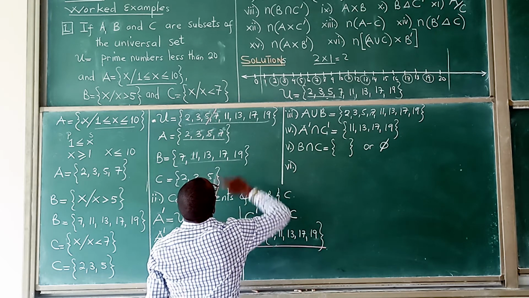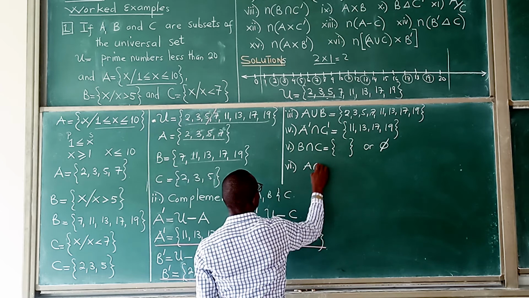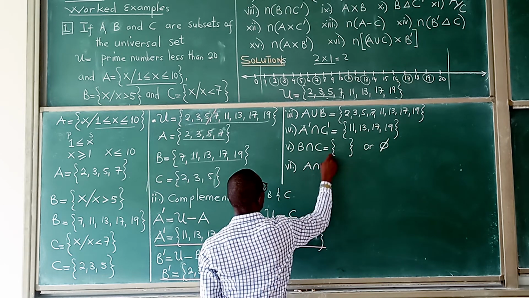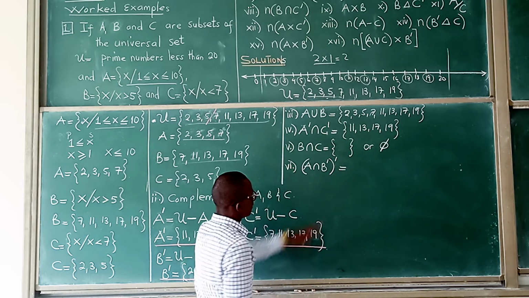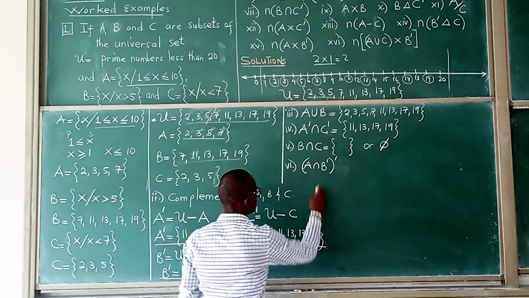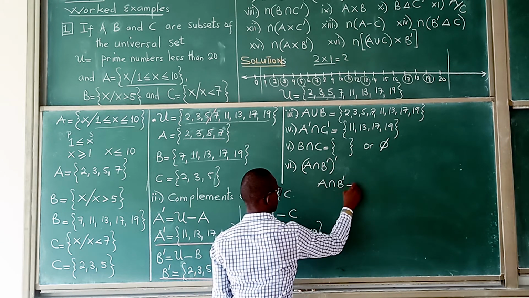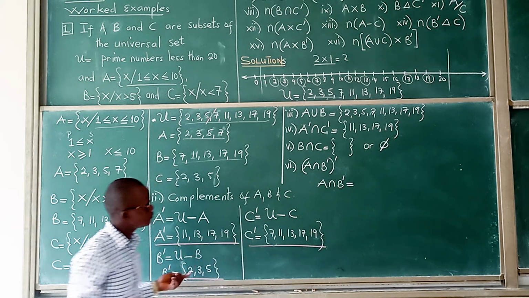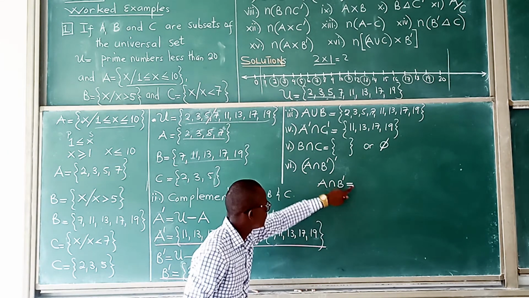6. We have A intersect B prime, or prime. So it's simple. The first thing we need to do is to find A intersect B prime. Then from there we'll find its complement. So what is A intersect B prime?